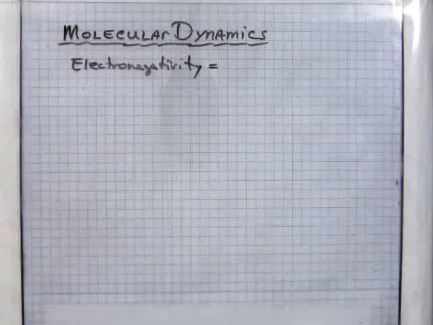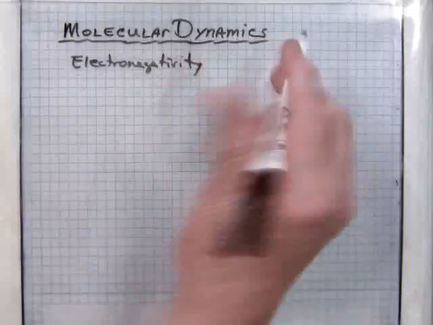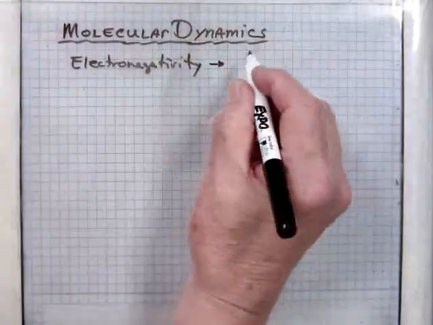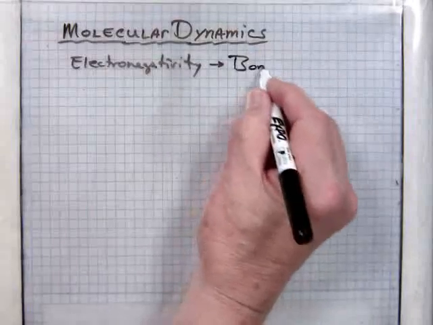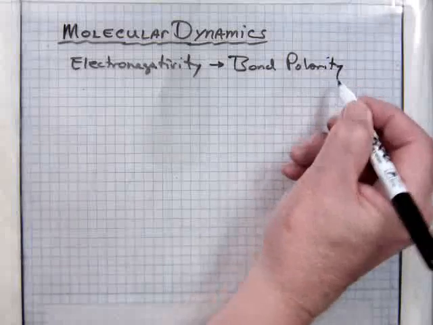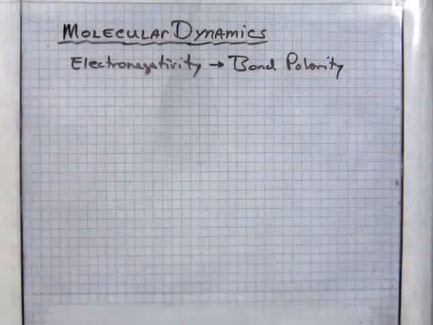But how does the electronegativity affect the chemical bond? When we expand electronegativity into the chemical bond, we're talking about bond polarity. And to connect these two ideas is very important in understanding how a bond makes or breaks.